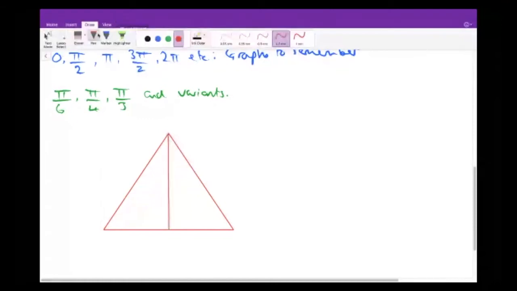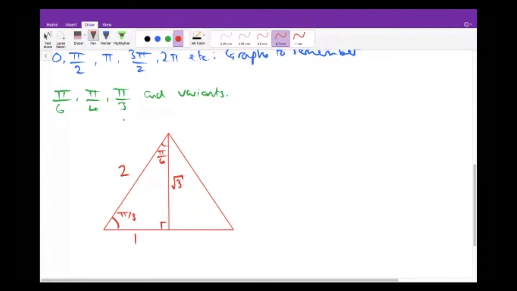Now if I make each length of the triangle 2, because I've split this side down the middle, it's going to be 1. And using Pythagoras, this is going to be square root 3. Now, an equilateral triangle has 60 degrees at every angle, so this is my pi by 3. And because I've split this down the middle, this will be my pi by 6.